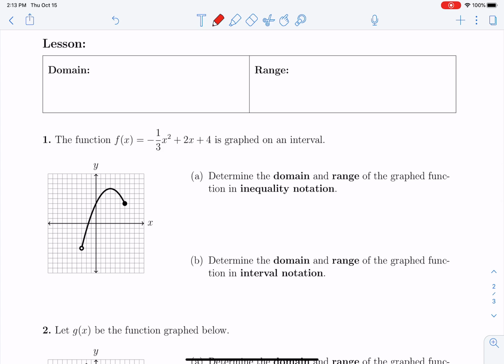Okay, so today we're looking at domain and range, right? I think Carrie defined it beforehand, but I'll go ahead and do that too. So what the domain represents is all x values included within the interval.